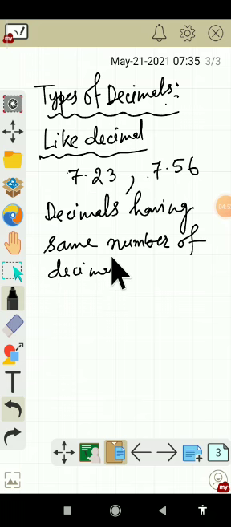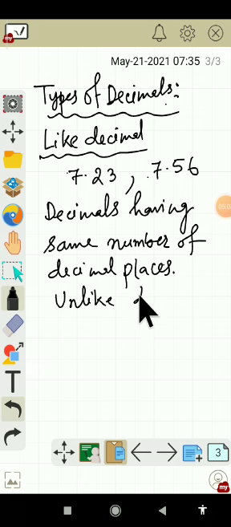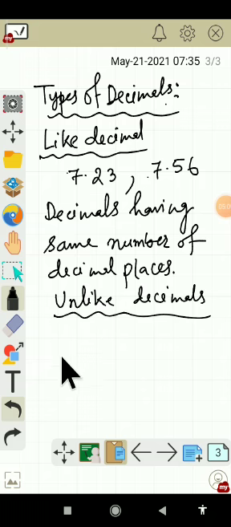Like decimals, an example we have done. Unlike decimals: 7.23 and 7.578. These two are examples of unlike decimals.